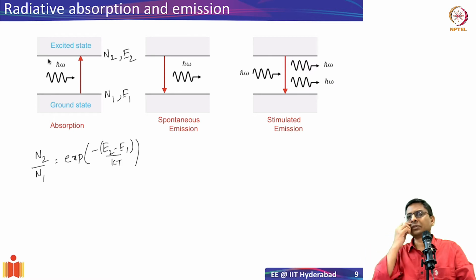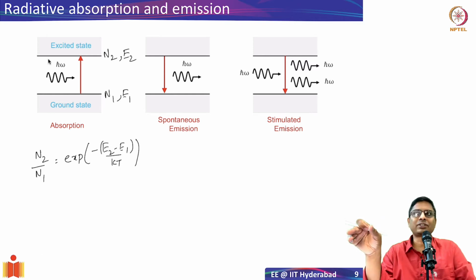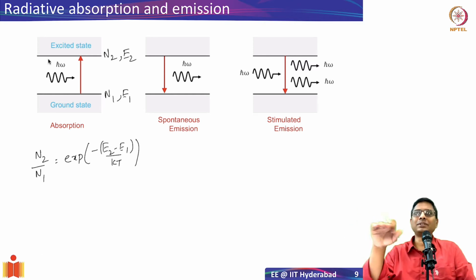But then you can have a situation where there are holes in the valence band and electrons in the conduction band. That can be one situation where a non-equilibrium condition is created. Or you could also think of just the particle in a box problem. If you confine, let's say, you create a system like a quantum well, and then you have these energy levels. Those energy levels can be these states.